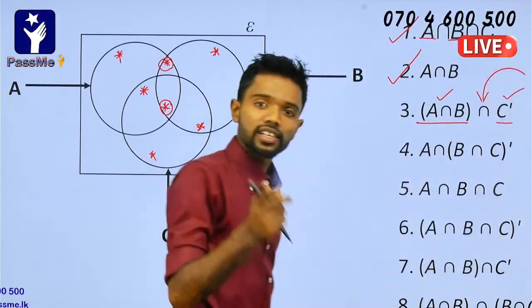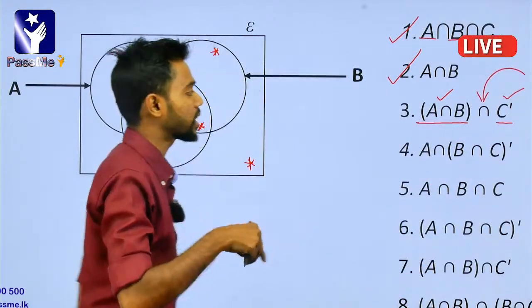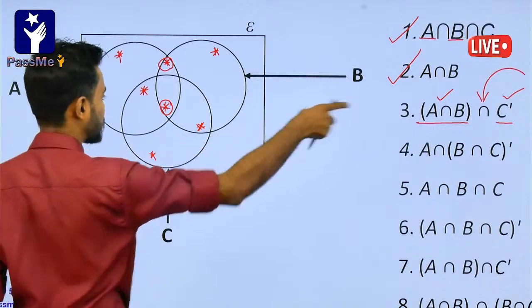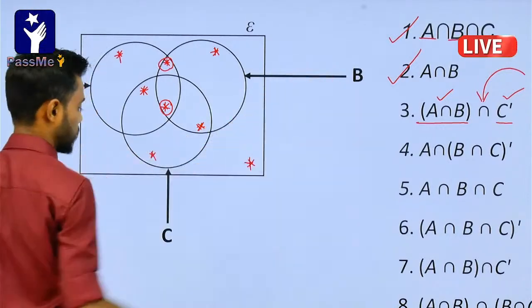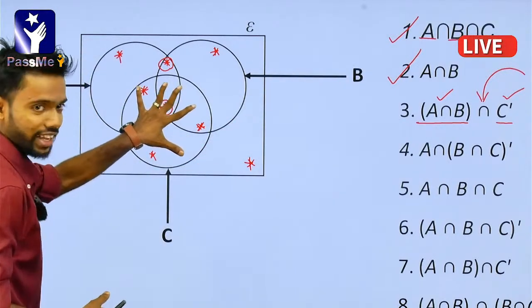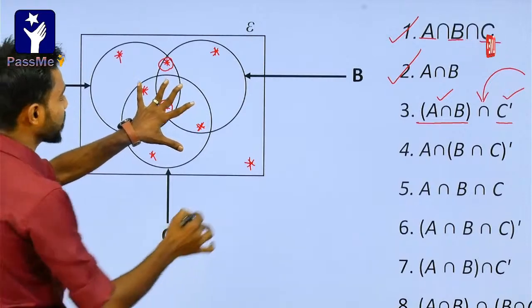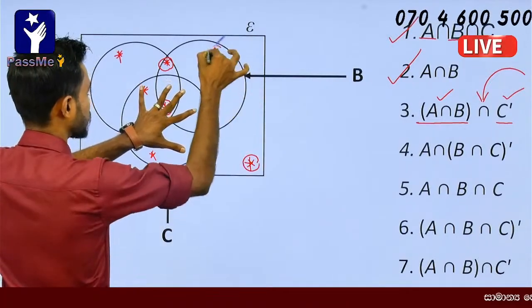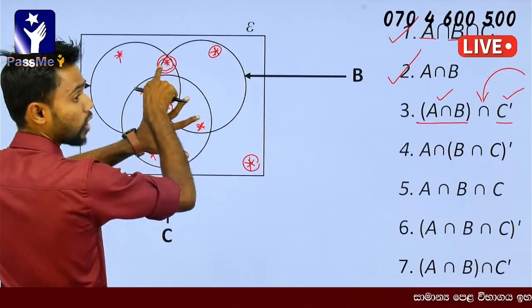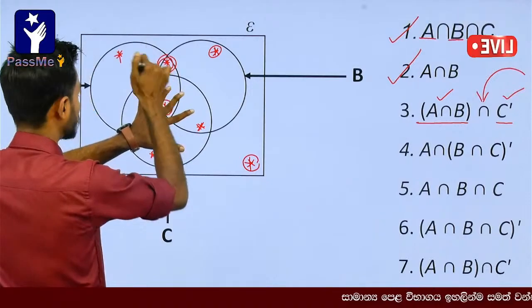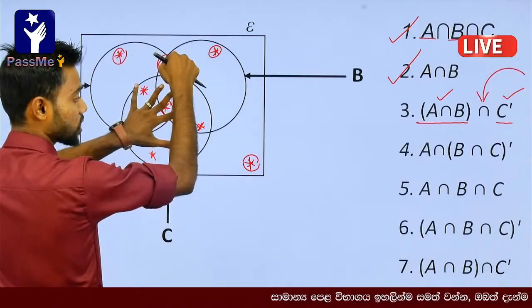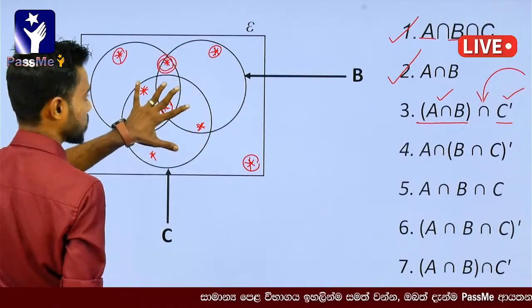C dash, the outer region, the complement of C. That means the outer region of C. So look at the C. Okay. Outer region. All the other stars. Here you have 2 circles. Even though you have already circled, you have to add another circle like this.